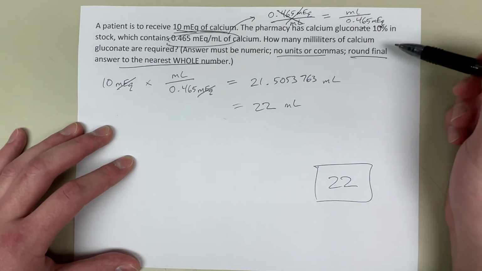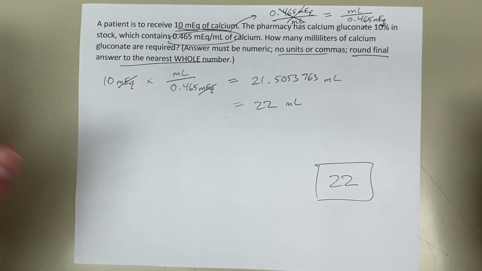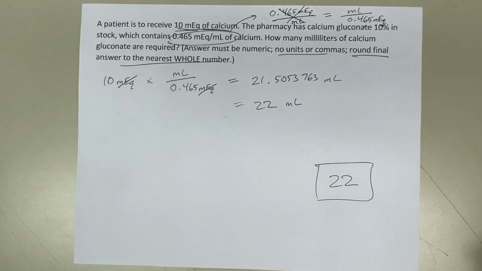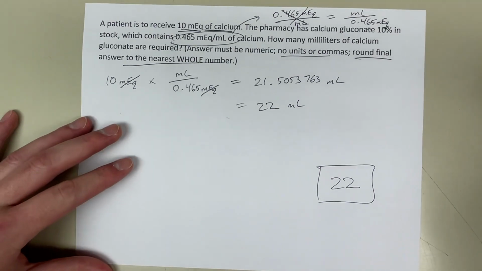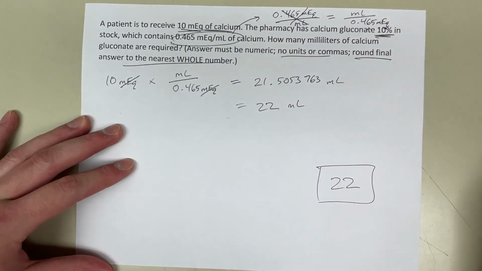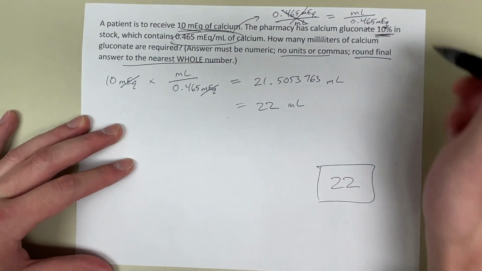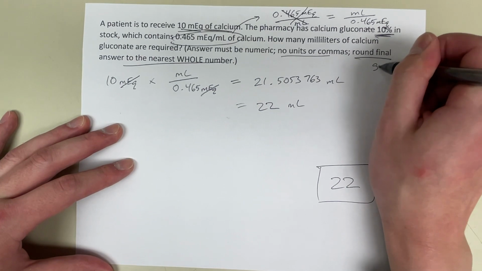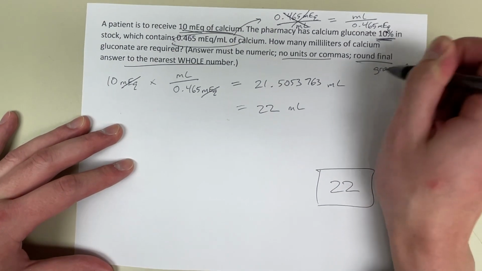So this question, it's over right now, so you can stop the video if you understand. But if you have questions like, oh, what's this 10%? Do you use this? You don't use this at all unless the question asked for grams of calcium gluconate.